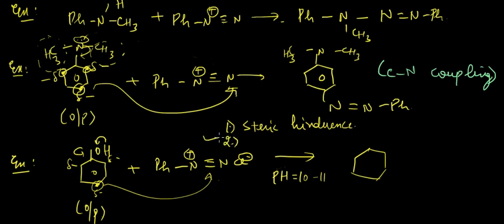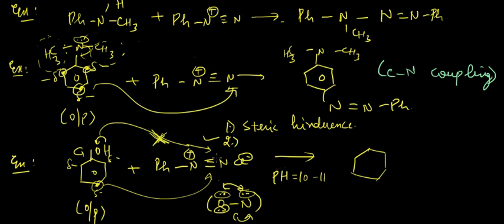The second major point which contributes majorly to why O and N coupling doesn't happen is, if this O will try to attack on this nitrogen atom, what will actually happen is O and N coupling would be there, and as a result lone pair repulsions would be there. Hence O minus will not directly attack on N.